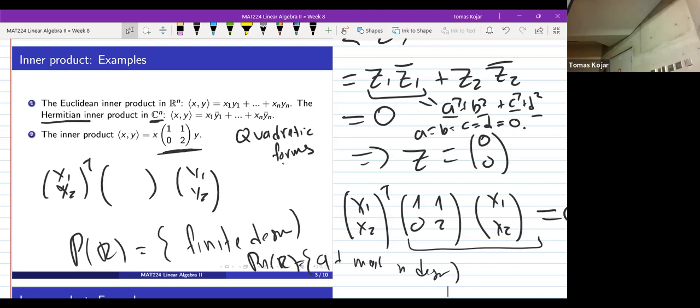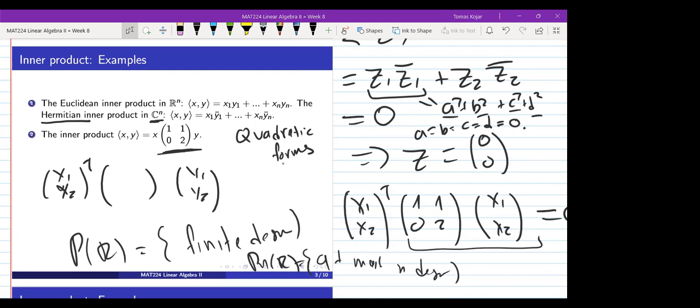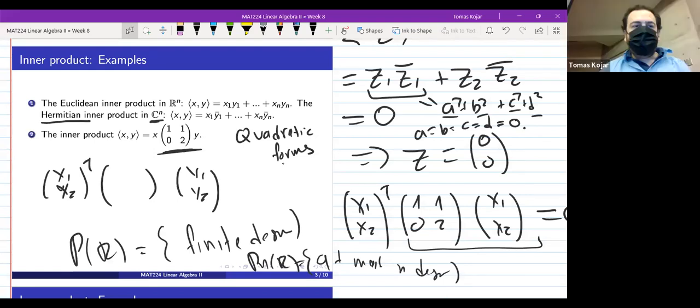Yeah, go ahead. I had a question. On the slides, when you write x1, x2 with the T, does that mean it's supposed to be horizontal? It means I probably made some mistake.